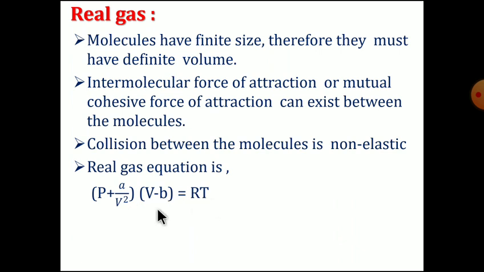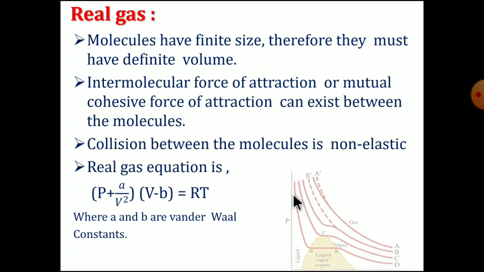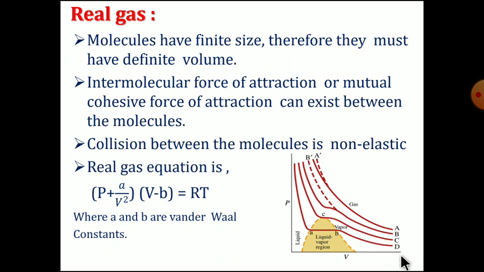For such an equation, the behavior of the real gas is totally different as compared to the ideal gas. We plot the graph of P versus V, and here the various isotherms are shown. At lower temperature, the curve is not a hyperbolic curve, but it shows three stages: stage first, stage second, and stage third.